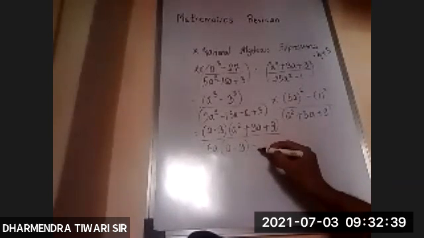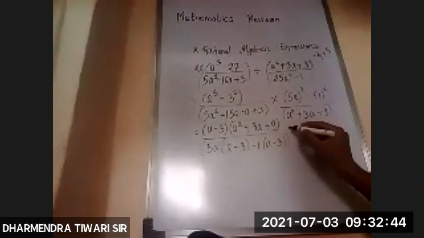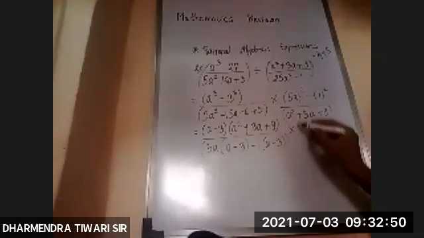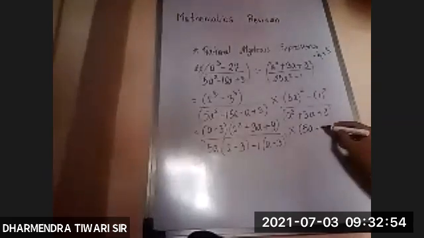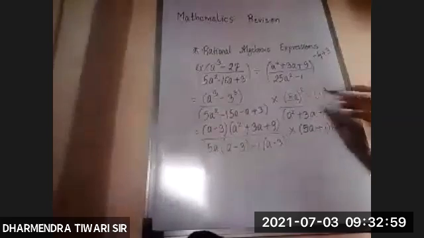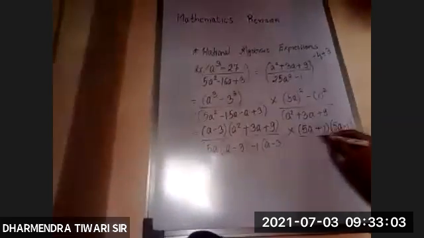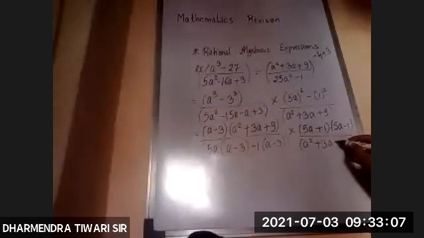Here also minus 1 minus 3, into a square minus b square. So 5a plus 1 into 5a minus 1. Formula a plus b into a minus b, divided by a square plus 3a plus 9.